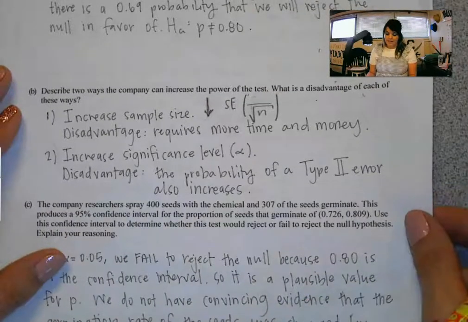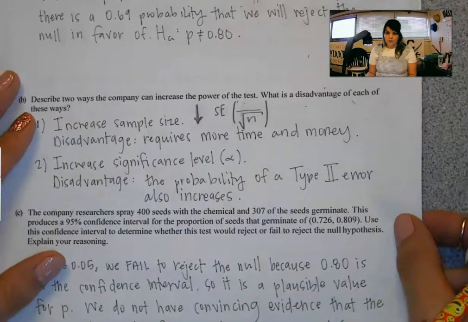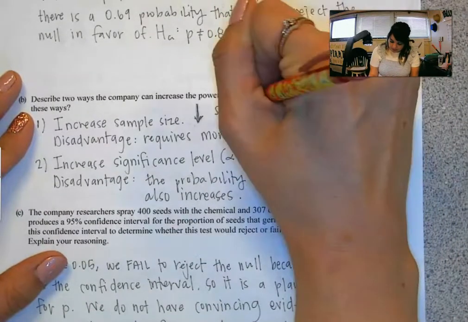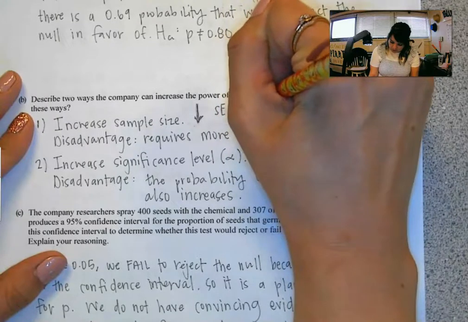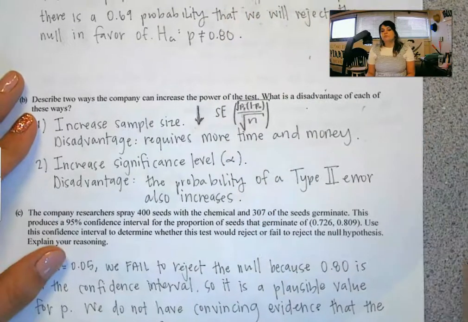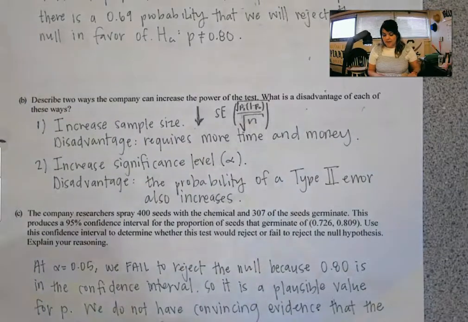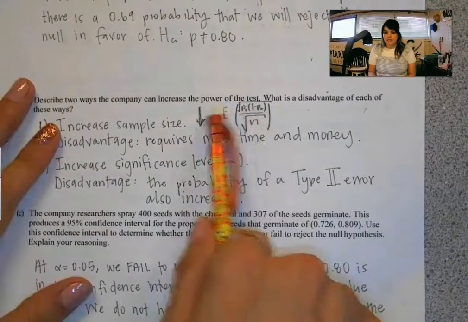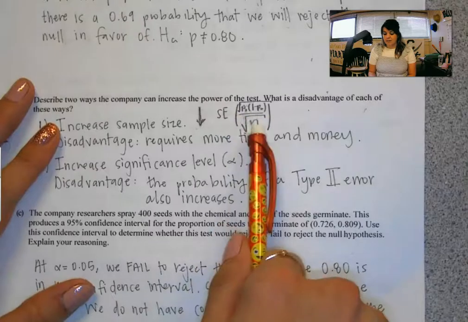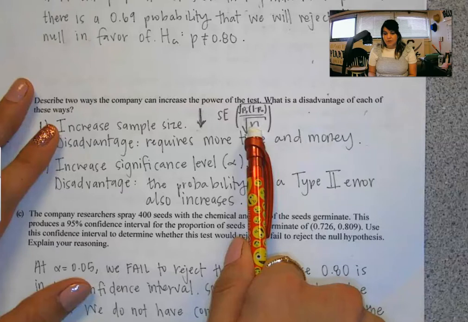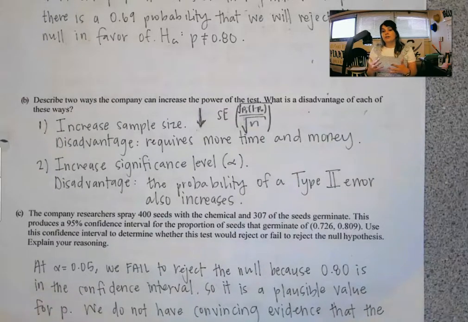So in this case, it's a proportion, but that just means what's in the top is p_0 times 1 minus p_0. So if you increase sample size, that means that you decrease standard error because sample size is in the bottom. So if you make your denominator bigger, you make the overall value lower.